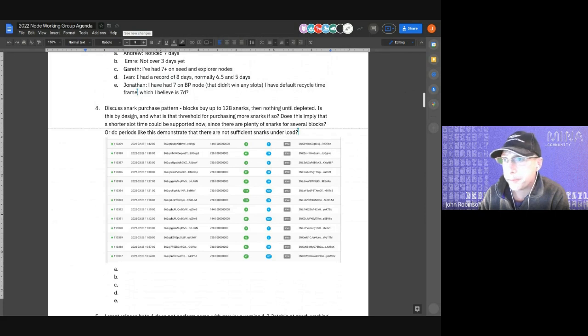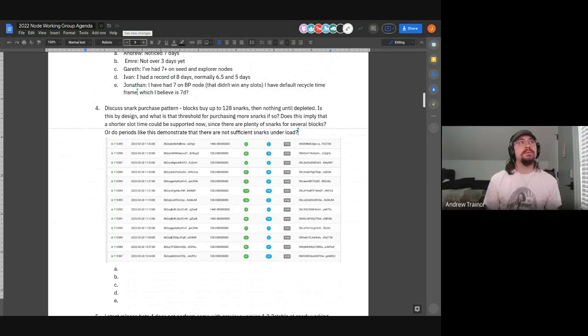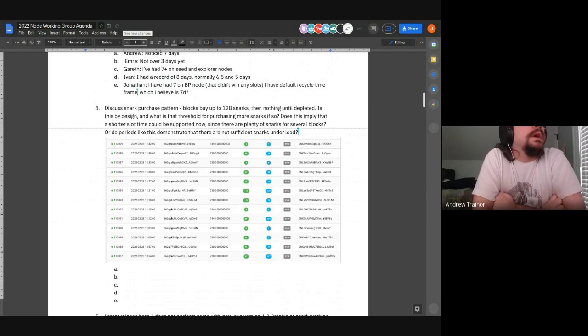Yeah. All right. So first of all, 128 SNARKs is the maximum. I believe it's also 128 transactions in a block, both maximums with the current consensus configuration. This can be changed in a fork, but it's currently the cap per block.